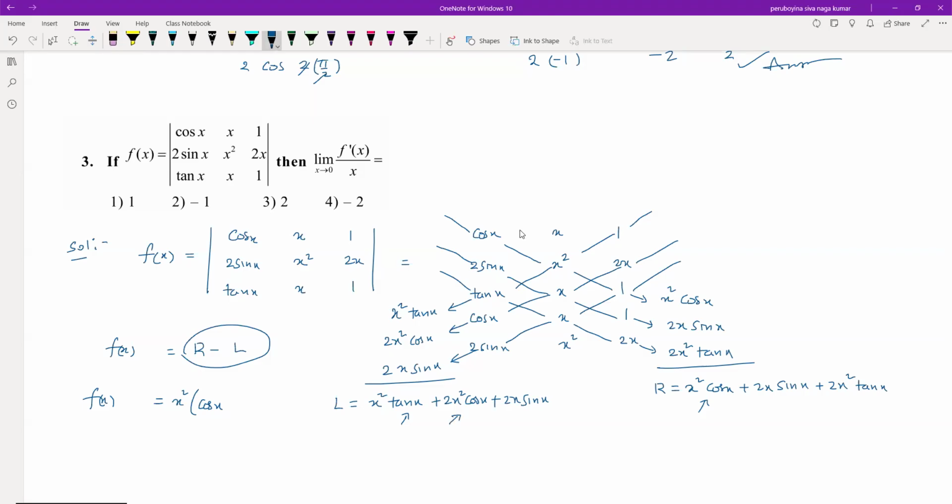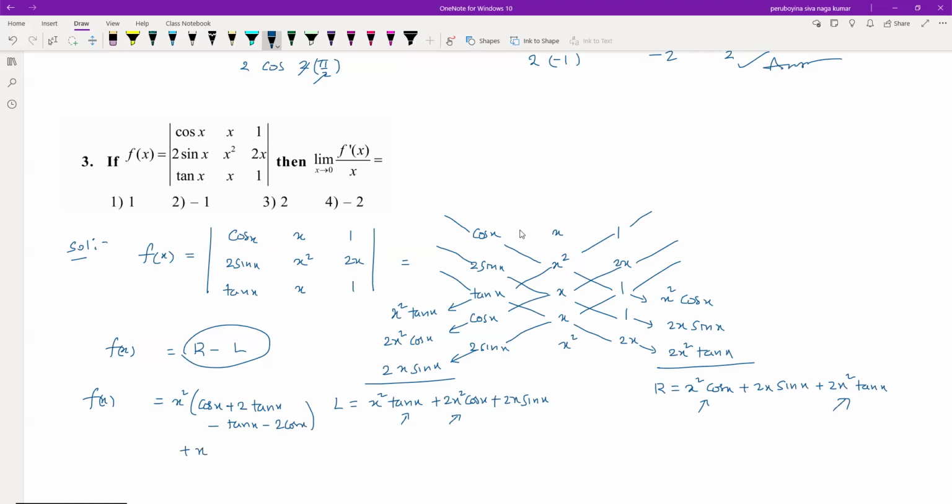So two terms we have here which contain the x square term. So here also. So cos x is the first one, right minus left I am doing. Next 2 tan x, right side sum minus left side sum. Left side sum is x square was taken, so tan x, again minus 2 cos x.